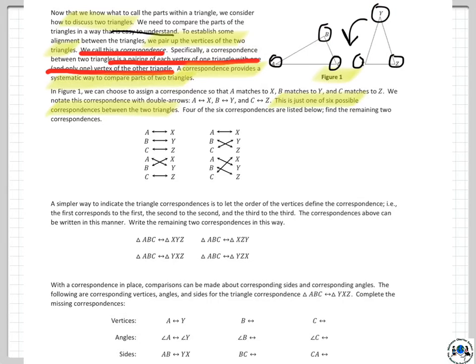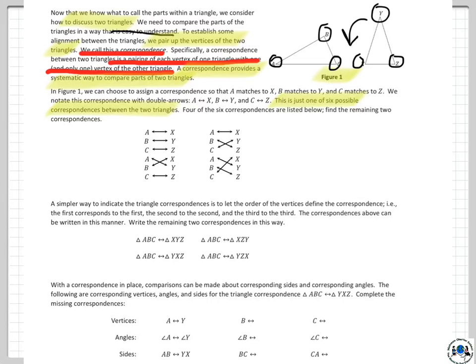Okay, but this is just one way to do it, and it's nice when they're placed this way on the paper to actually do it this way, because it kind of keeps you in order. This is the bottom one to the left. This is the top angle, and then this is the bottom angle to the right. Okay, so in that sense, it makes it easier. But there are, like they said here, 6 different ways.